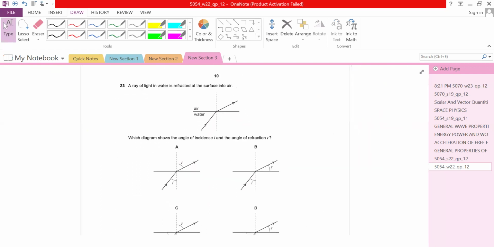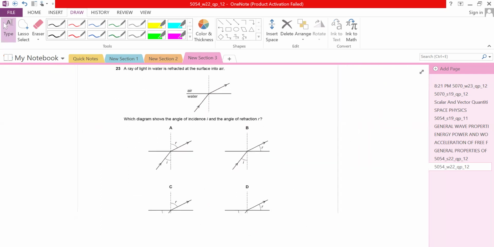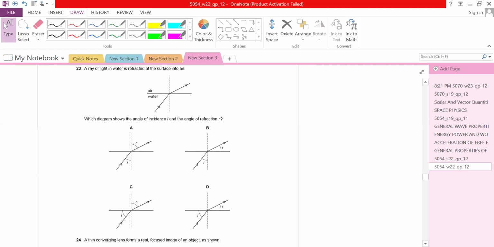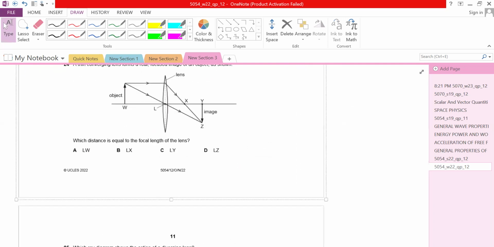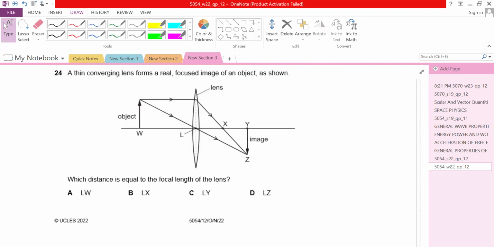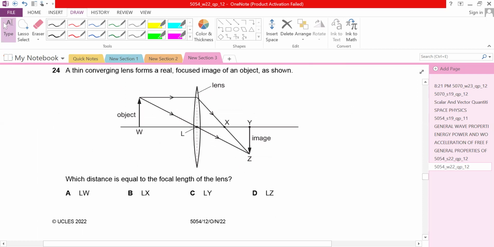Question number 23. A ray of light in the water is refracted at the surface into the air. Which diagram shows the angle of incidence and angle of refraction? Let's see the diagram. Option A is correct. A thin converging lens forms a real focused image of an object as shown.